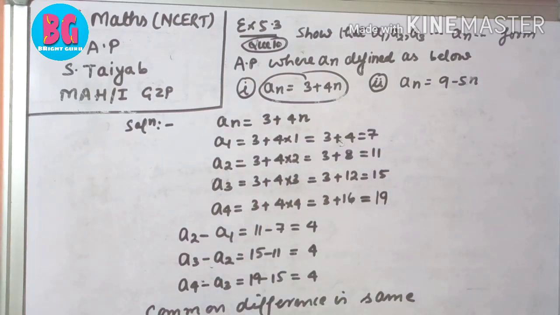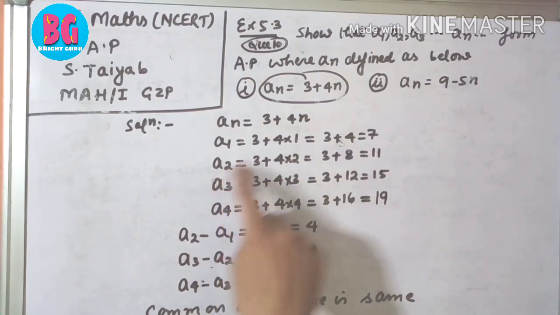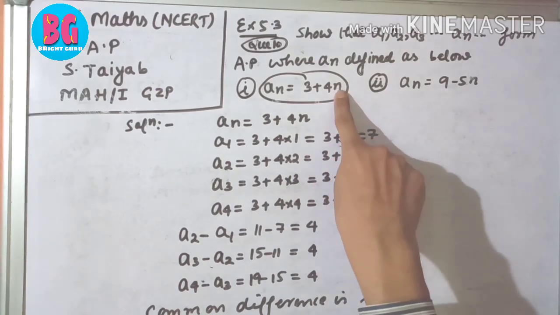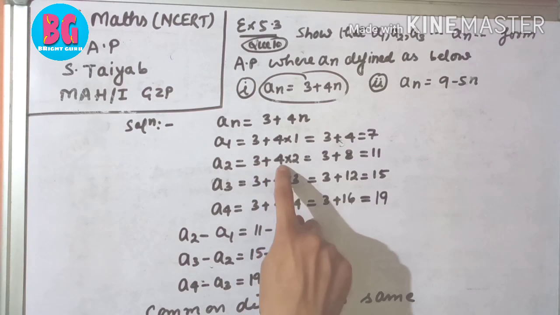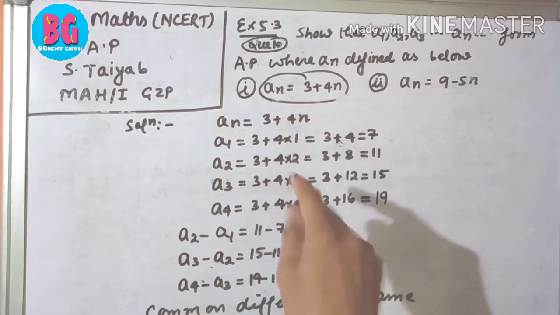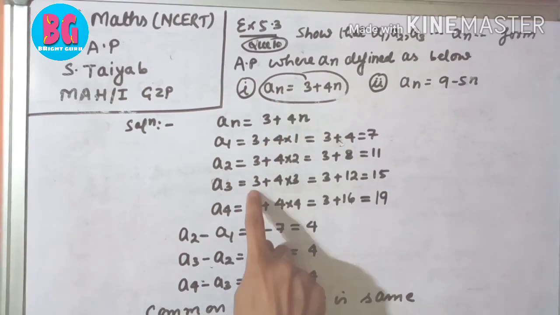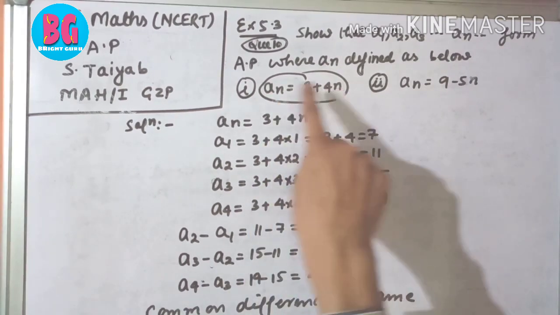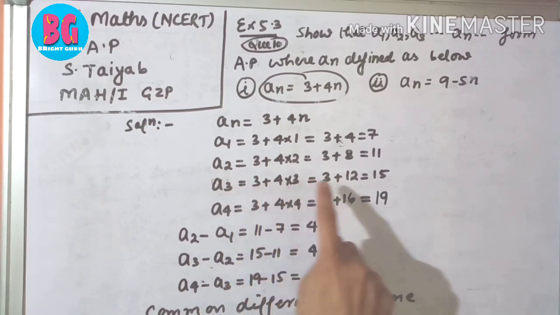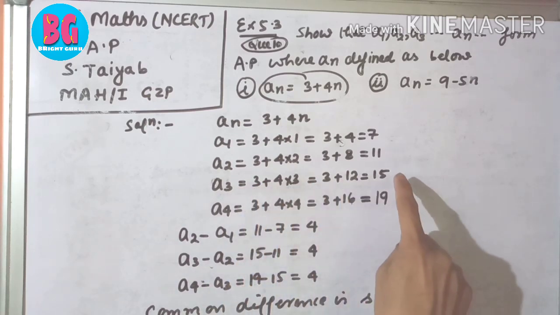To obtain the value of a2, we put n equal to 2 in this expression: 3 plus 4 into 2, 3 plus 8, is equal to 11. And to obtain the value of a3, in place of n we put 3. a3 is equal to 3 plus 4 into 3, 3 plus 12, is equal to 15.